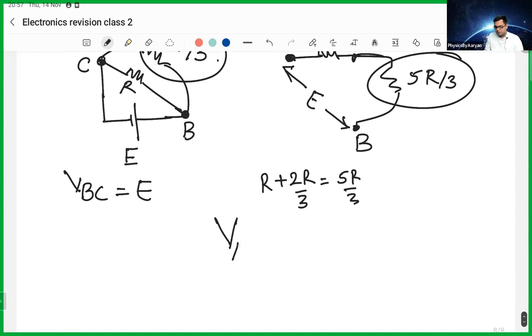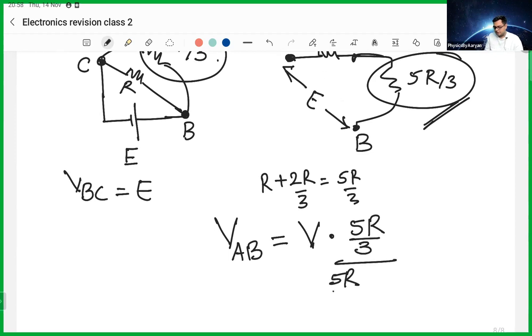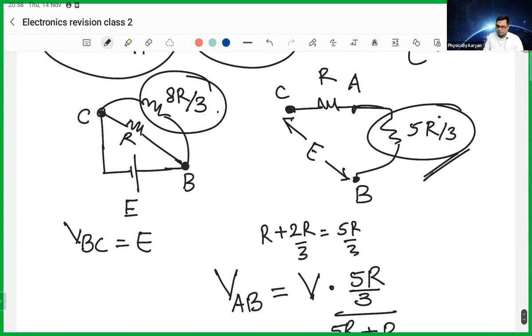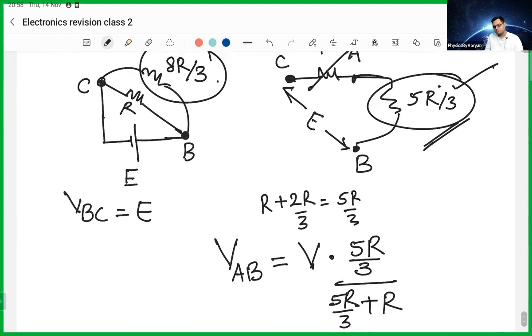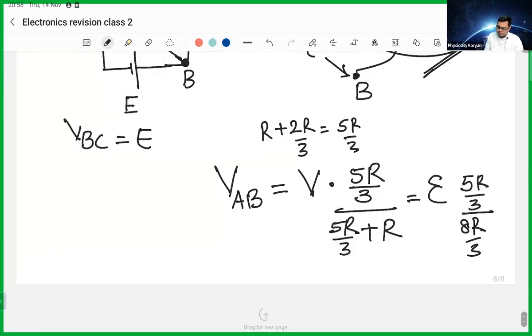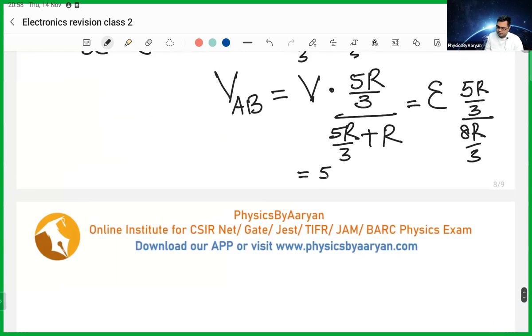So voltage between AB will be total voltage into its resistance, which is 5R by 3, divided by 5R by 3 plus R. Voltage is dividing between whom? Two people, this and this. Yesterday we talked about the voltage division rule. The same thing. So total voltage is E. 5R by 3 over 8R by 3, which basically means the voltage has become 5E by 8.